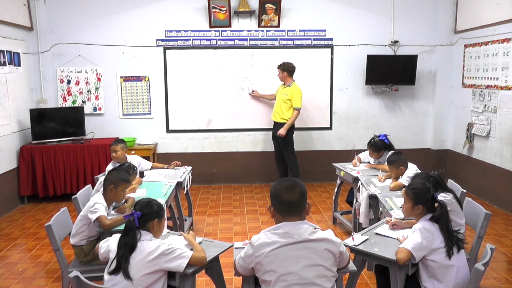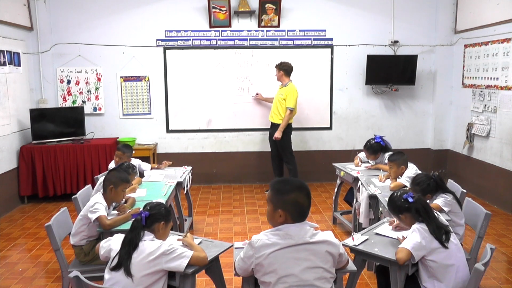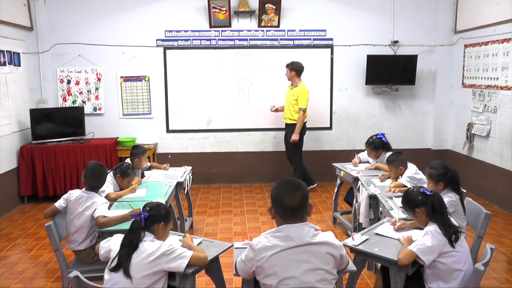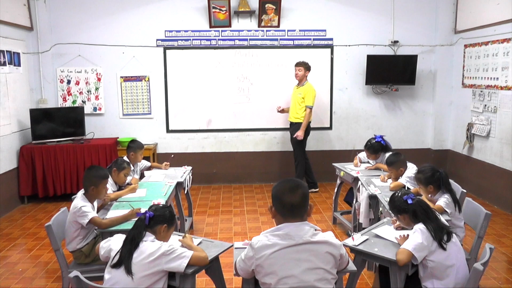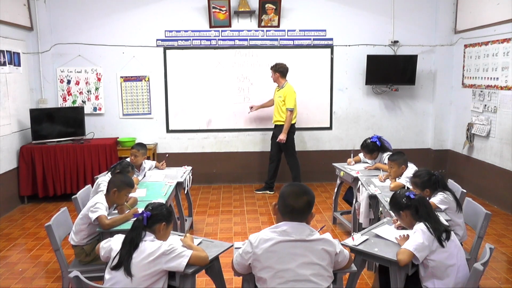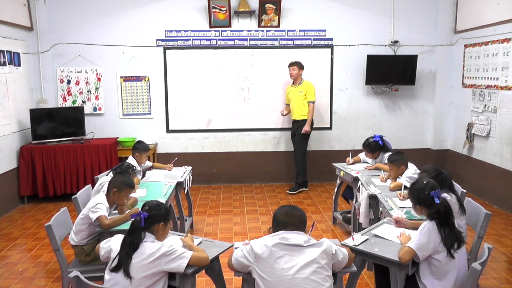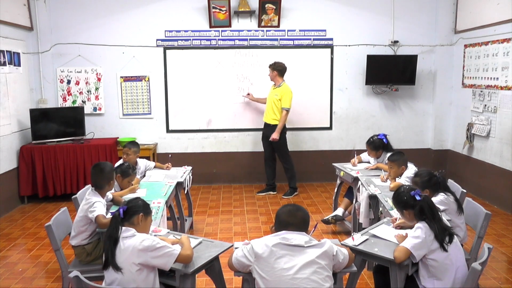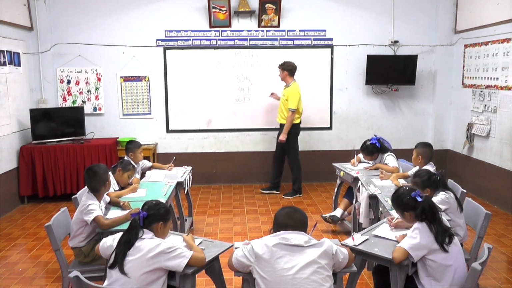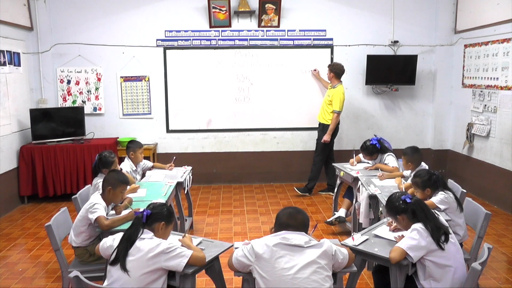So starting with the ones, 7 times 5, 35. 5 carry 3. 7 times 2, 14, plus 3, 17. 7 times 5 again, 35. Plus the 1, 36. So our first answer, 3,675.